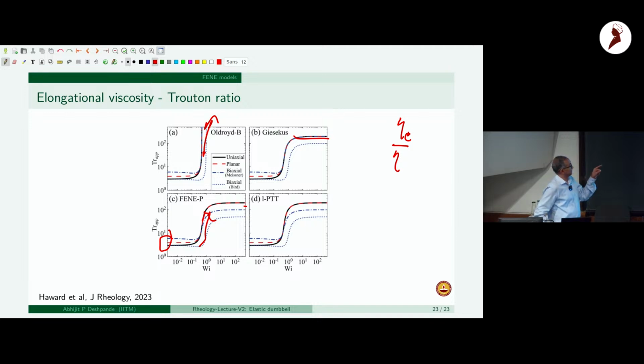If you make some modifications of these bead-spring models which are based on the blob picture, they do show it, and there are some isolated measurements which do show shear thickening in polymer systems. But it's far less in terms of prevalence. Okay, so that wraps up the discussion related to the elongational viscosity.